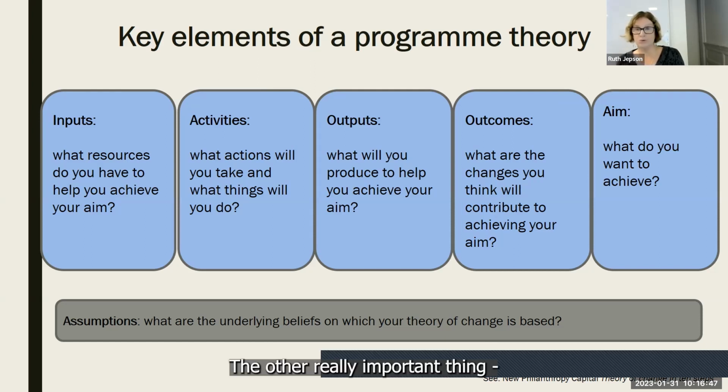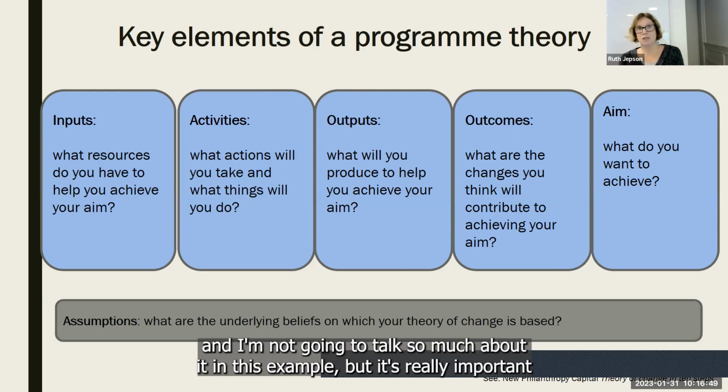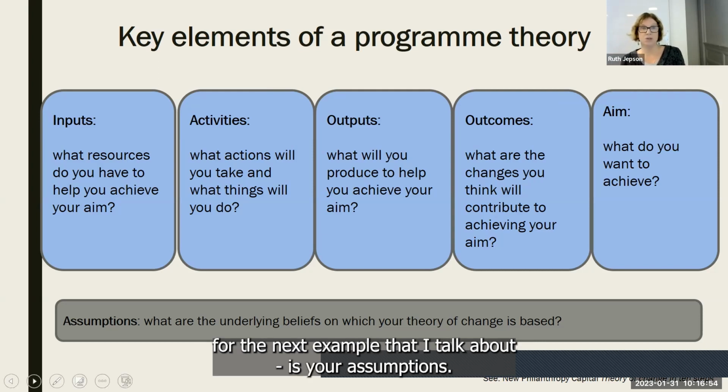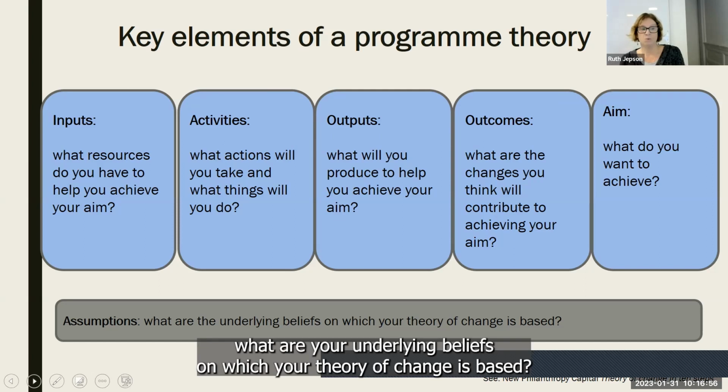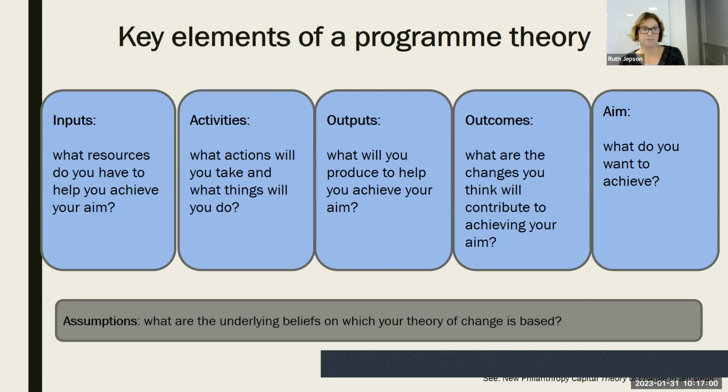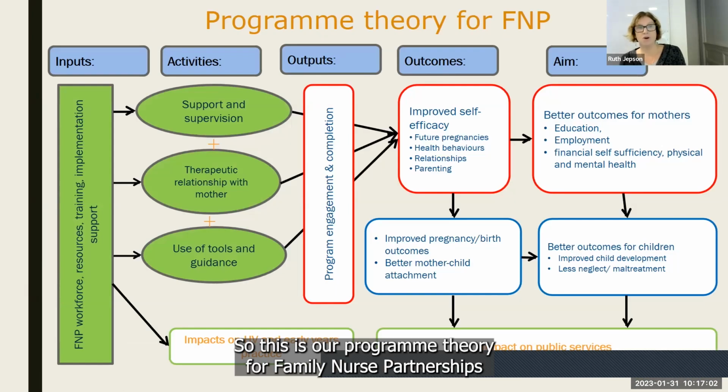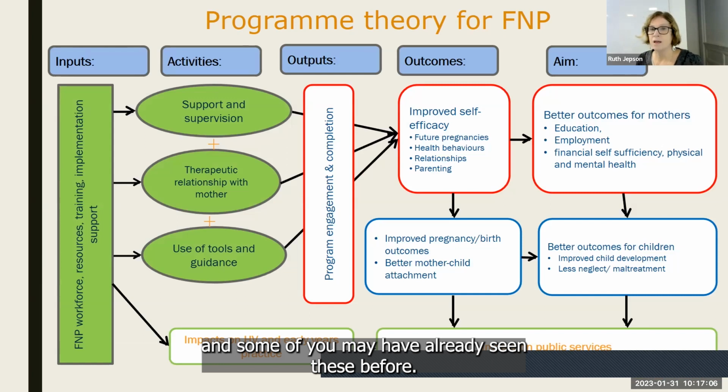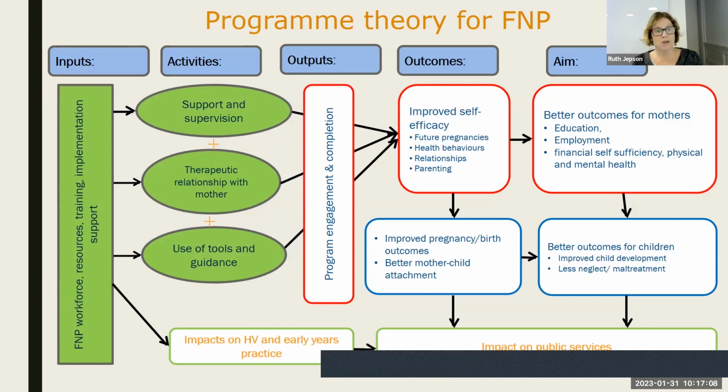The other really important thing, and I'm not going to talk so much about it in this example, but it's really important for the next example that I talk about, is your assumptions. What are your underlying beliefs on which your theory of change is based? So this is our program theory for Family Nurse Partnerships, and some of you may have already seen these before.